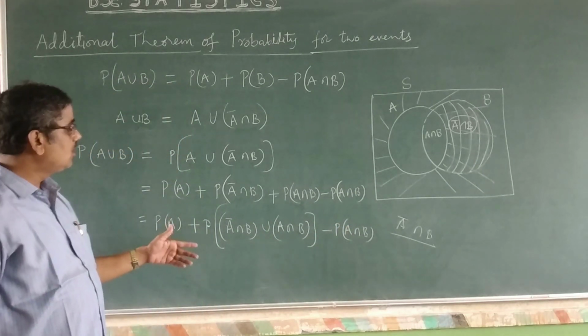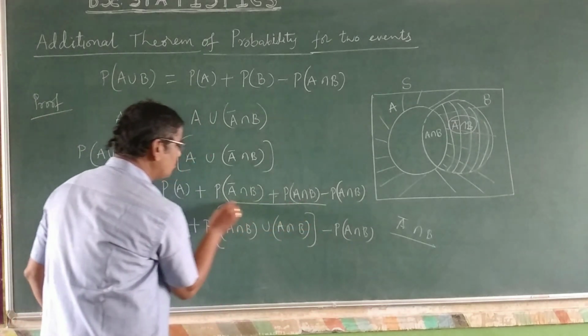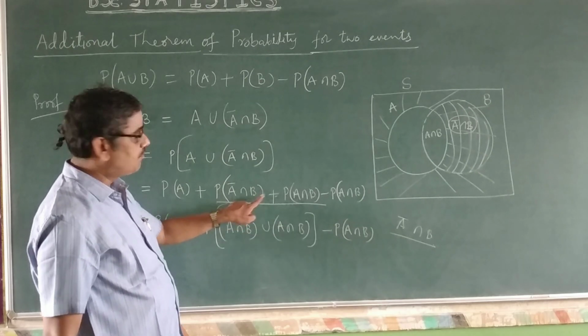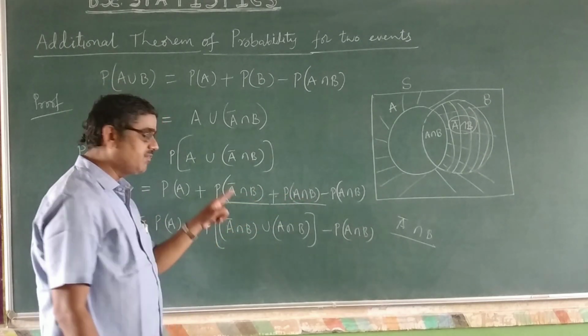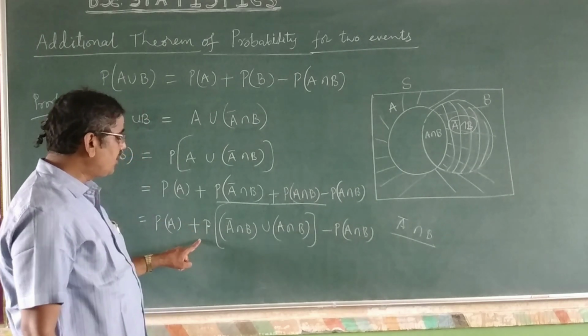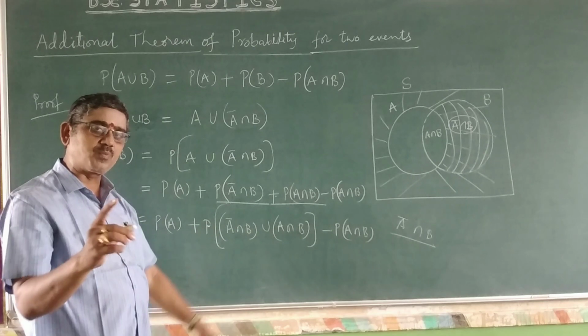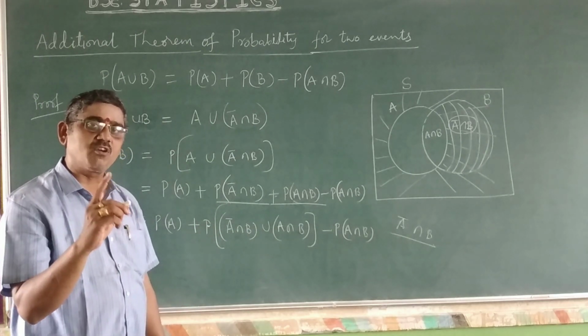So therefore, for these two, probability of A complement intersection B plus probability of A intersection B can be written as probability of A complement intersection B union A intersection B. This is one of the properties of probability.